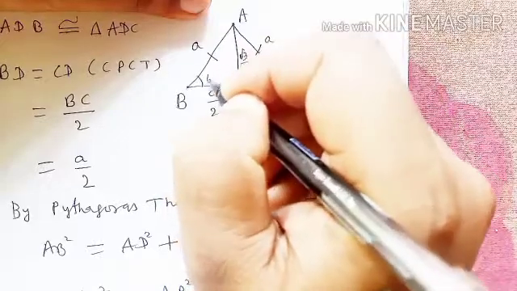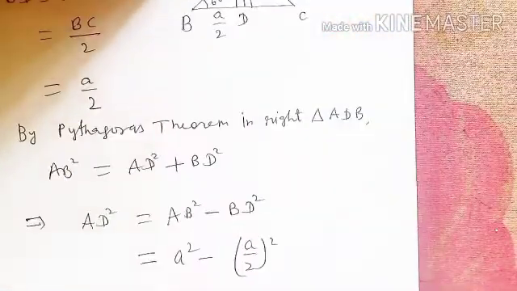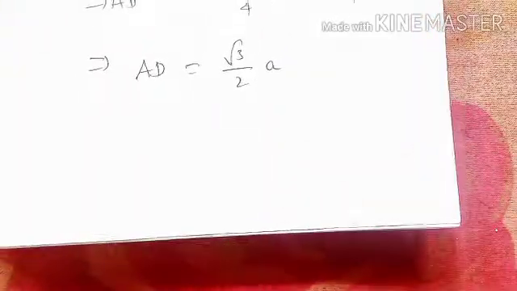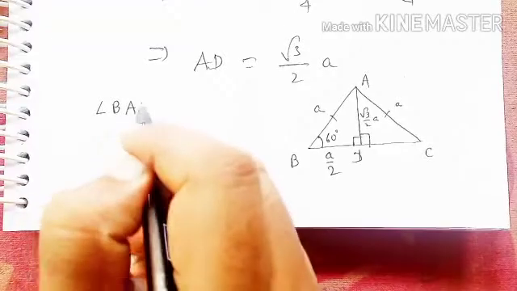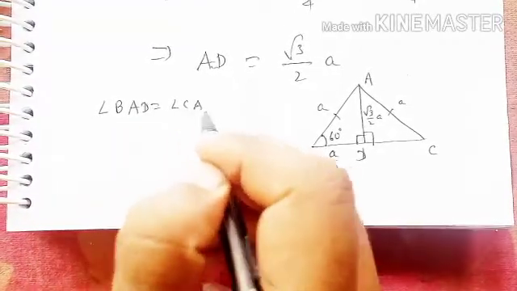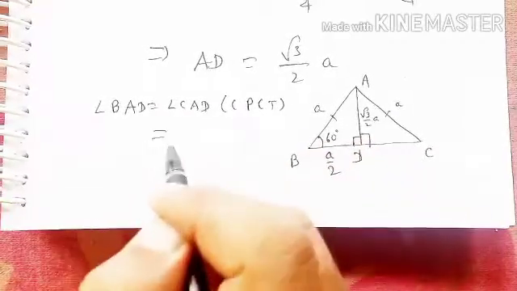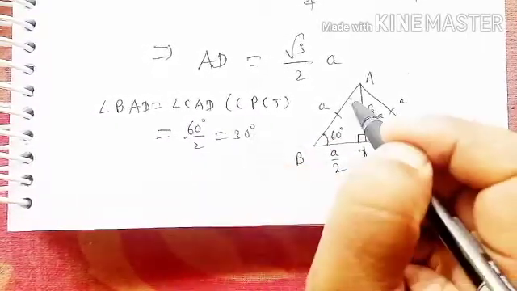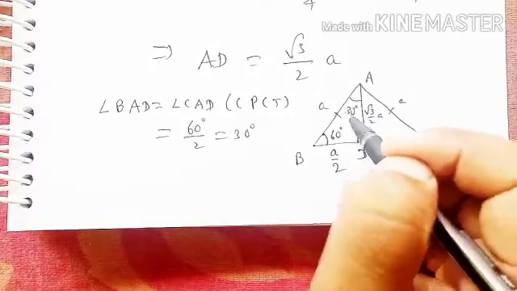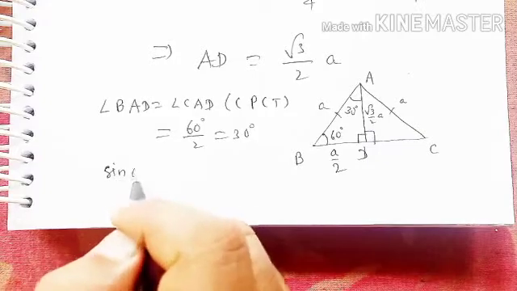This is 60 degree, and we can write angle BAD is equal to angle CAD by CPCT. This is 60 degree by 2, which is 30 degree. So this is 30 degree. Now we can write sin 60 degree.